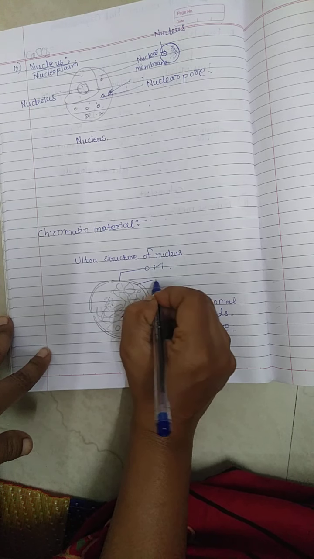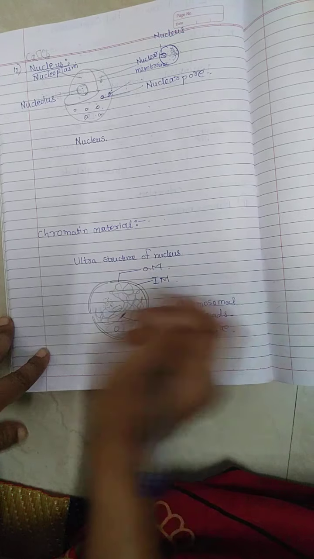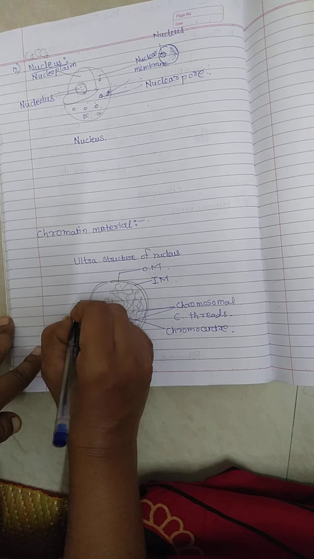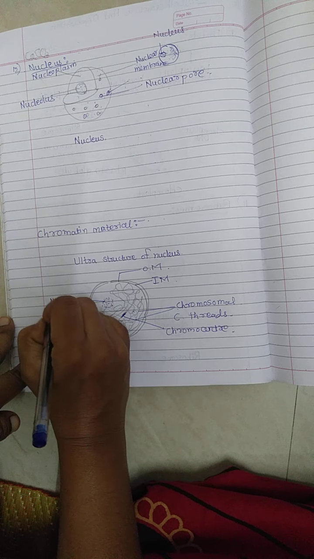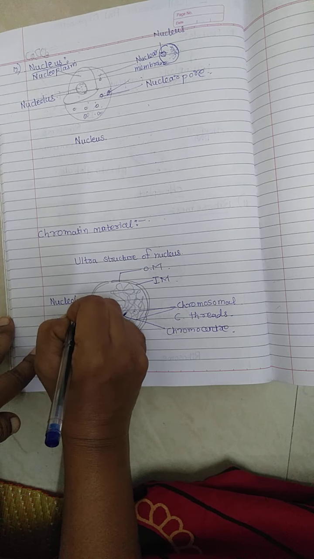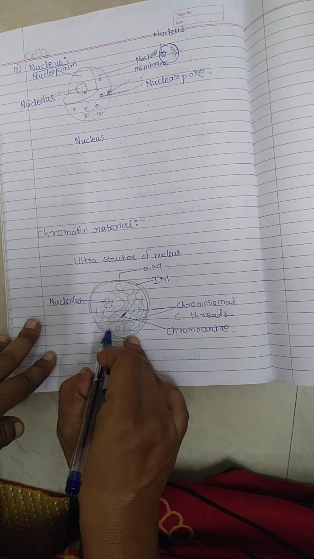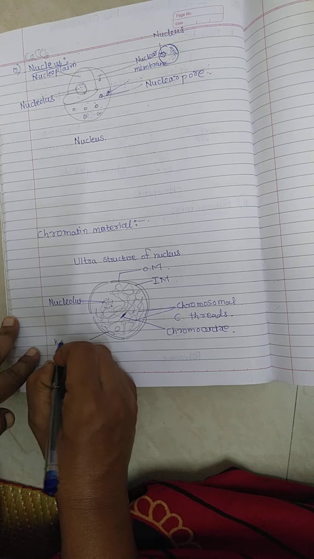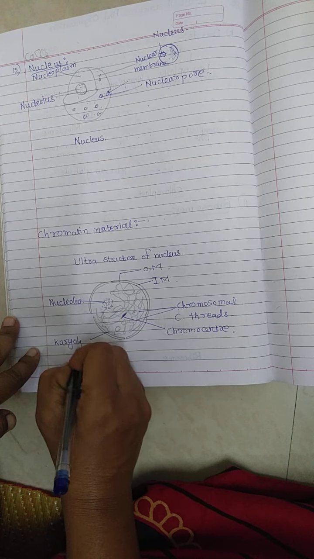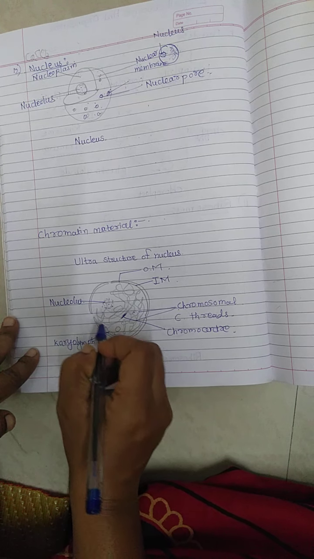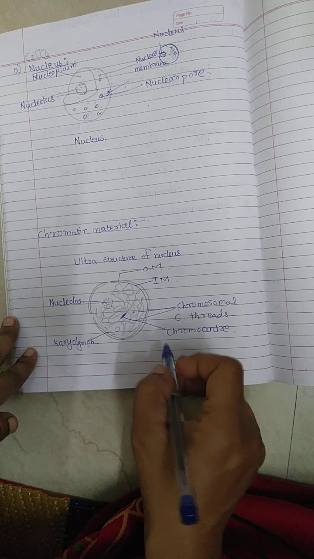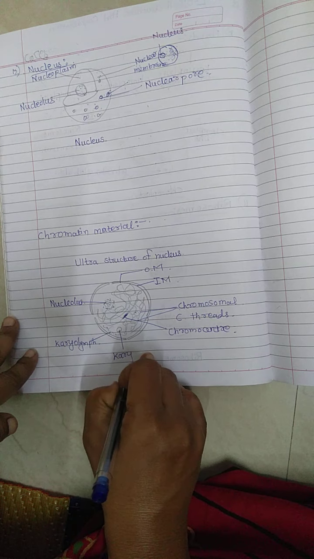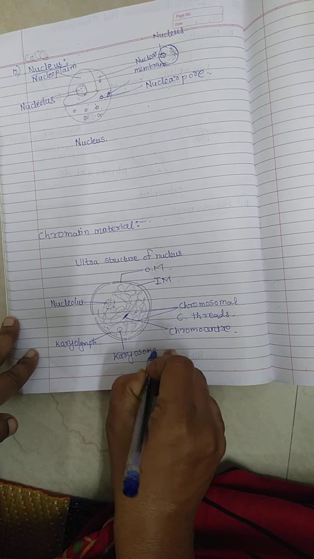Inside here is the inner membrane. The round dot-like spherical structure is called the nucleolus. The thinnest structure is called karyolymph, and the round structure is called karyosome.